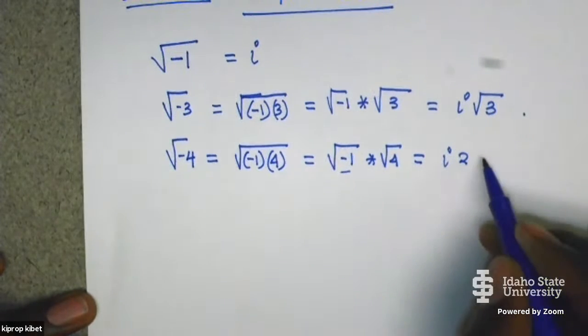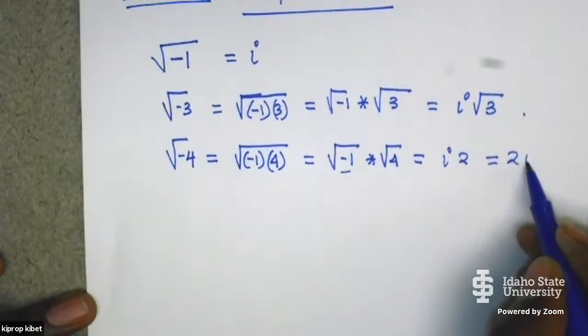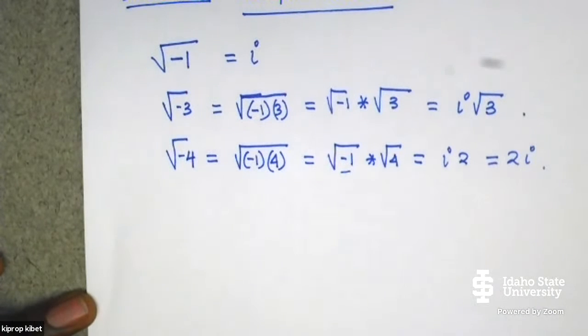So we usually write this one as 2i. Are we together? So this i there is the complex number.